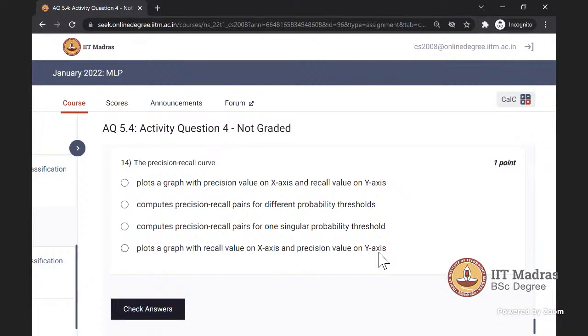Different probability thresholds, so option B. If more than one answer were possible, option A or D would also be true, since you can switch the axes. We can do that, but typically we don't, because the definition of area under the curve would change.